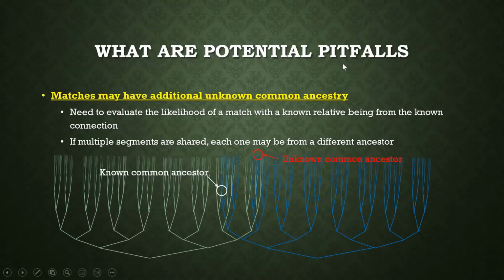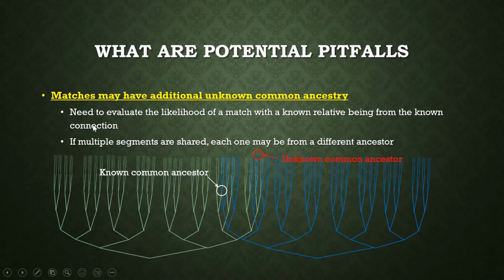The potential pitfall of autosomal DNA is that you may have multiple intersections of your tree with the other person, and if only one of them is known, you may assume that's where the match comes from, but you may have some other unknown common ancestor, possibly even more distant, that you weren't aware of, and so you didn't know to even consider that it could be from either source.